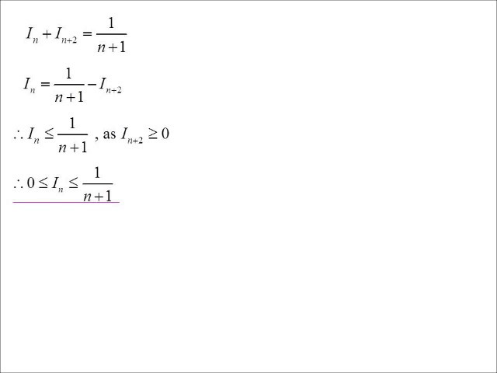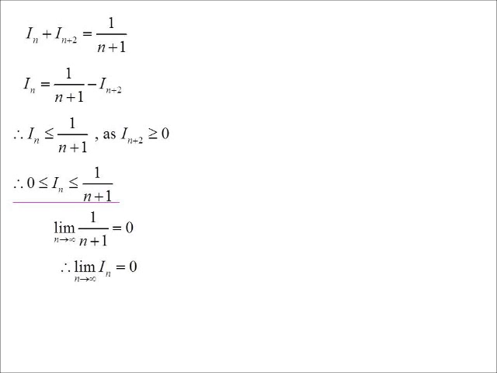Now I've got I_n trapped in between 0 and 1 on n plus 1. Well, we know the limit as n approaches infinity of 1 on n plus 1 is 0. So as n approaches infinity, I_n is going to be in between 0 and 0. Well, that must be its limit then.